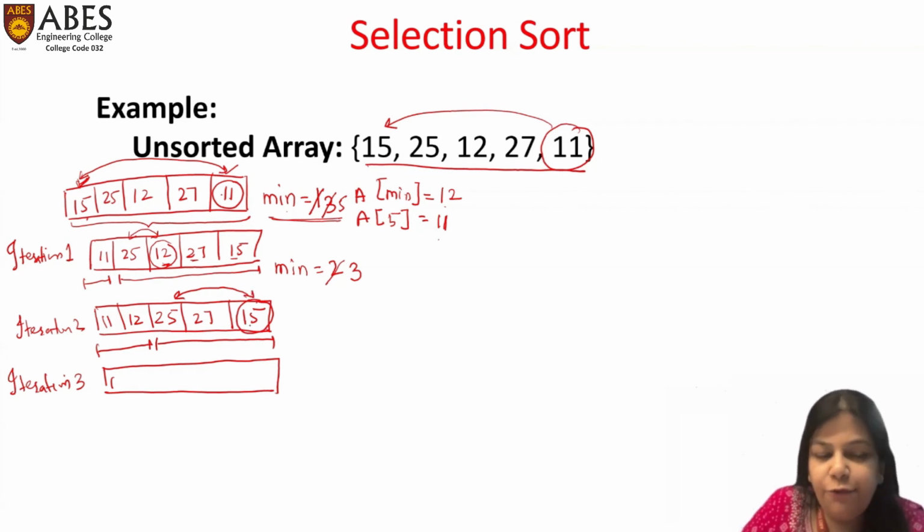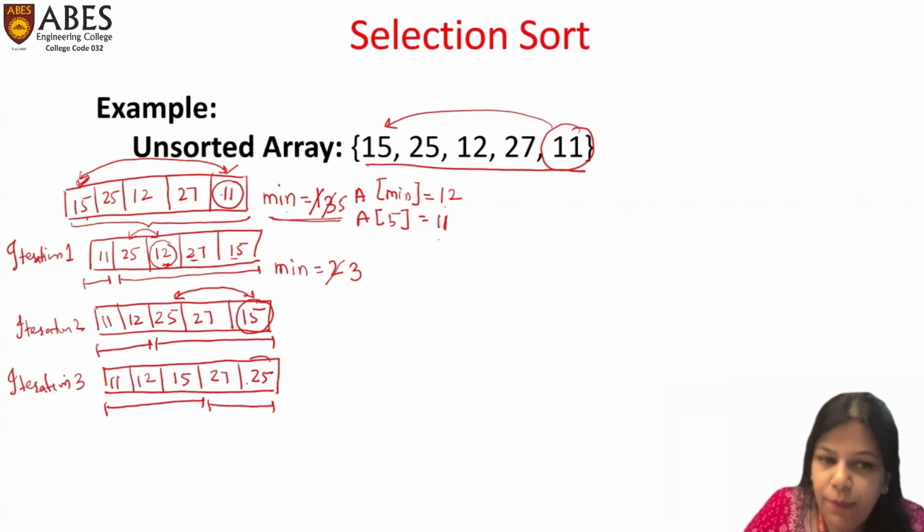So 25 and 15 will be swapped, and in the third iteration, the array will have values 11, 12, 15, 27, and 25. After this, these three elements are sorted and the rest of the elements are unsorted.